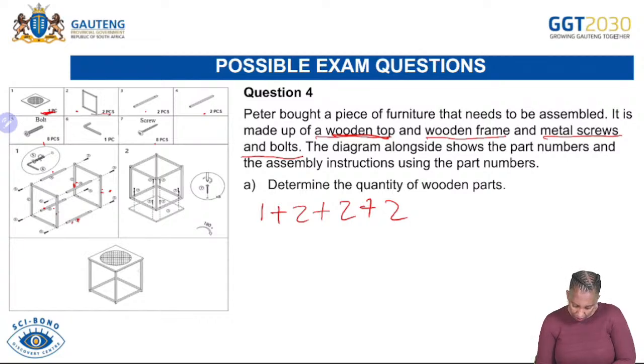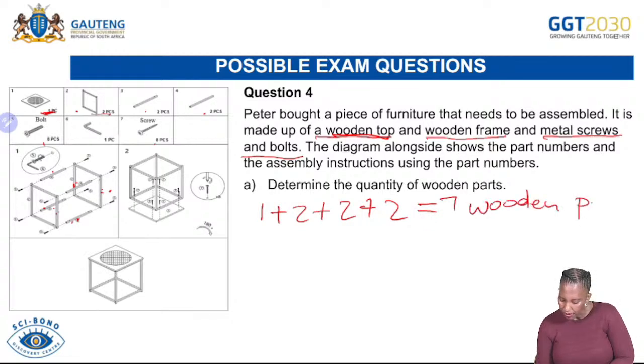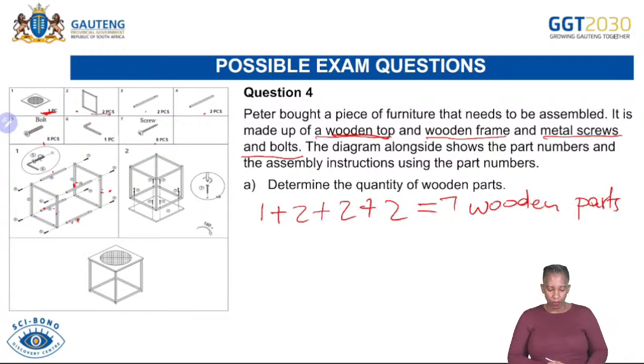So here are our four single pieces, the twos, and then we have two parts that go at the side, at the bottom and the top, and then we have the tabletop. So all in all, we've got 7 wooden parts. That's what we have, all in all, the wooden parts.